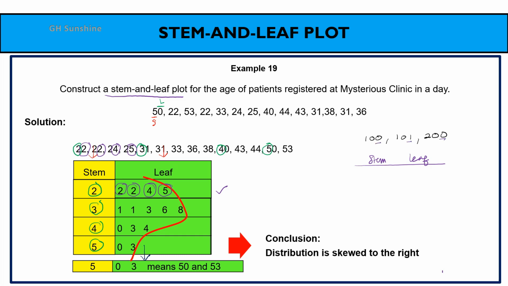Therefore, the stem from the smallest value is 10, so the leaf is 0. The second value, the leaf equals 1. Next, 200, so the leaf equals 0. Remember that the leaf is always the last digit of the data, even in decimal form.